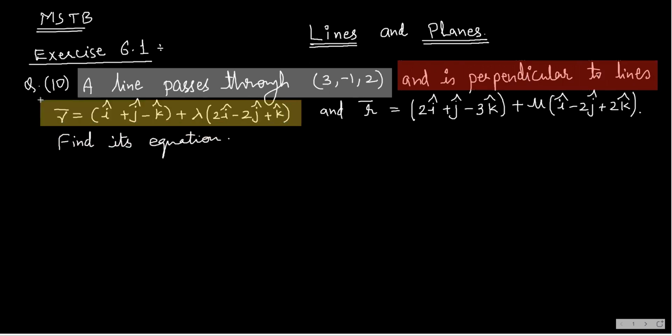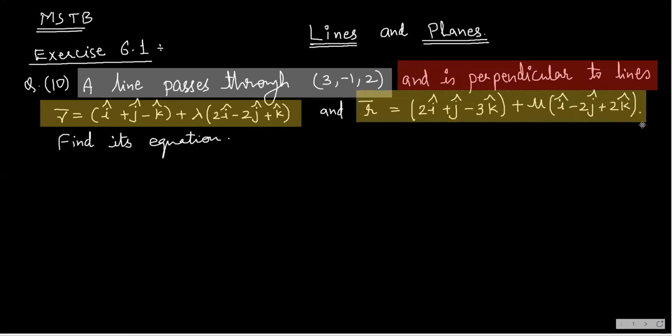R bar equals i cap plus j cap minus k cap plus lambda times this, and R bar equals this. Find its equation. So what are we given? There is a line passing through this point, and the line is perpendicular to these two lines.